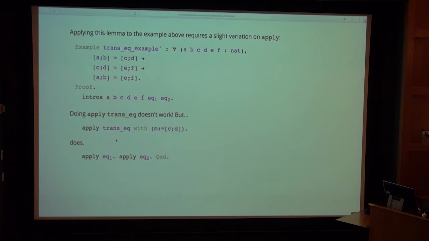Apply with is built into Coq fairly deeply. The way to think about it is apply is a primitive thing, and apply with is a variant of apply. So it's another built-in tactic that takes some extra information and uses it in the process of doing the apply.